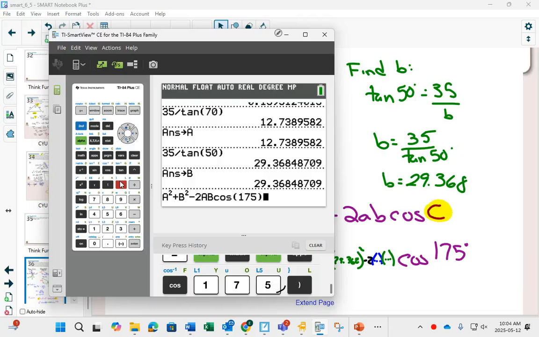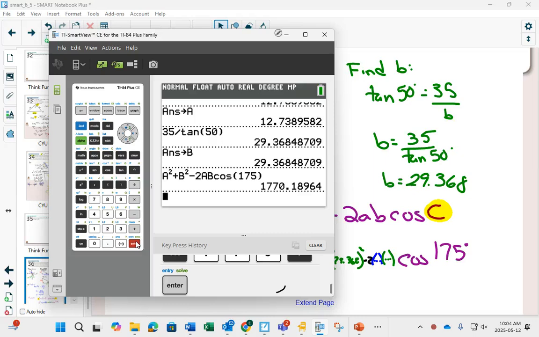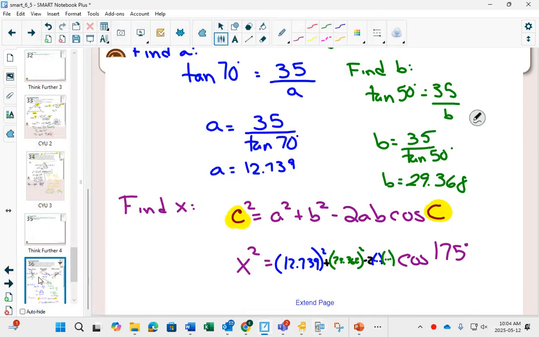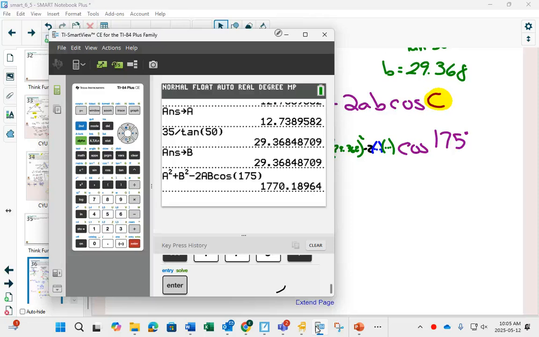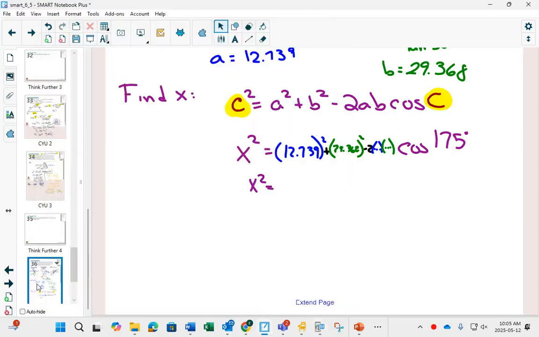There we go. Now when we push enter here, it remembers those numbers and it tells us that x squared is equal to, oh, my memory is not good, 1770? Oh, not bad, 0.189.